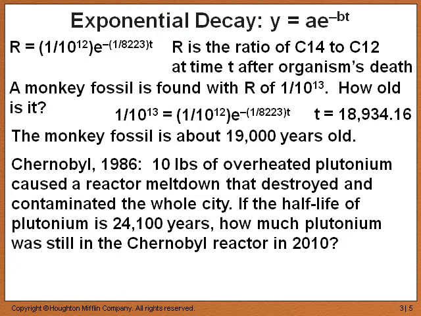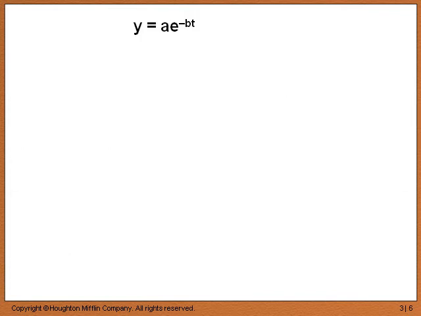First, you're going to use the half-life to calculate B. Then you'll use the B that you found to find the final amount, or Y. Okay, so let me show the model here. The model is Y equals ae to the negative bt.